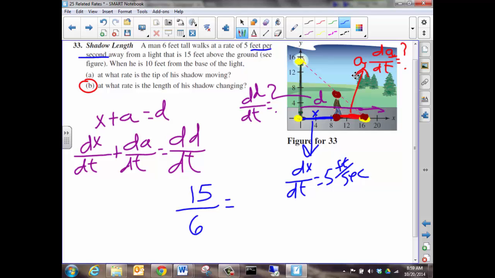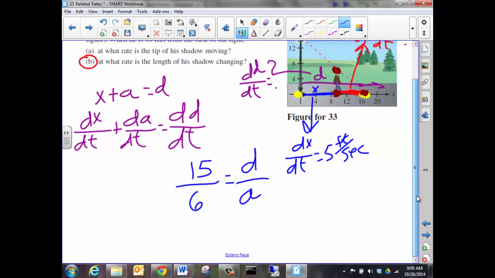Not unless he has a growth spurt, and we're going to assume he's not growing anymore. 15 is to 6 because that's the height of each. Now, how long is the big triangle? D. How long is the little triangle? A. Well, that didn't help us any, did it? Or did it?